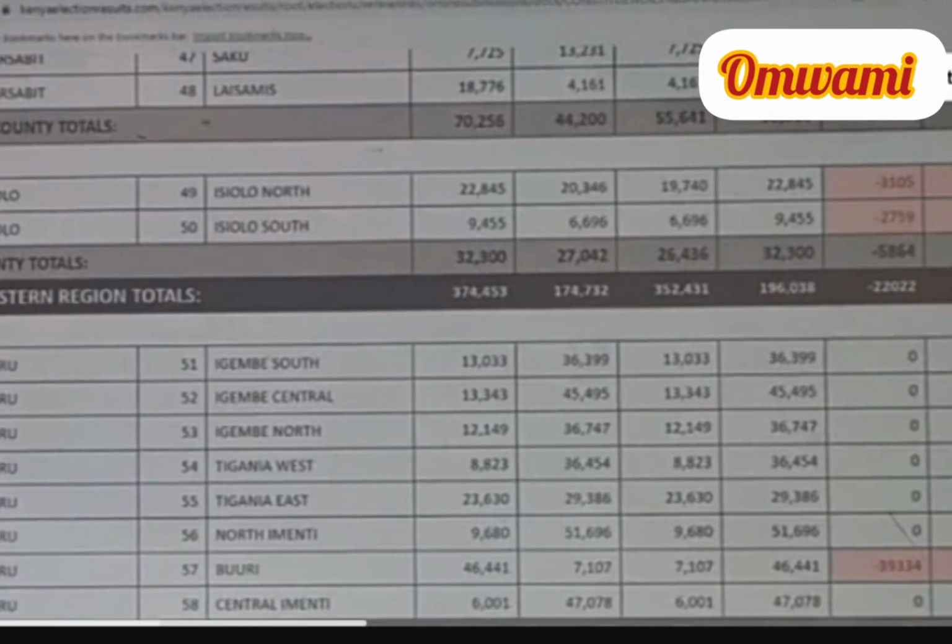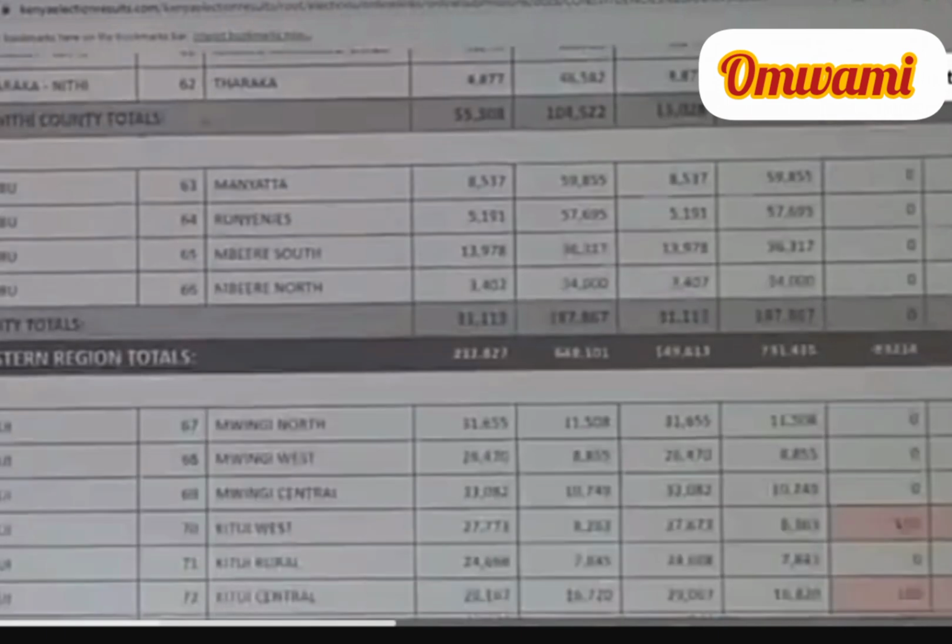But in our analysis on the other side, it gave Jacom 374,000 votes and Dr. Ruto 174, meaning 22,000 votes were taken from Jacom and Dr. Ruto added 21,000 votes.